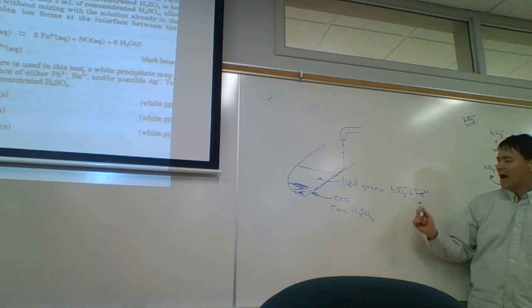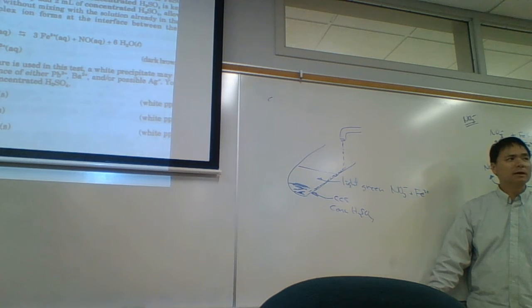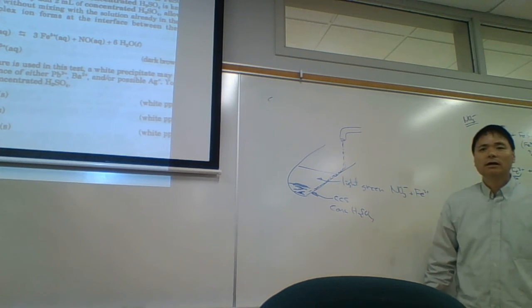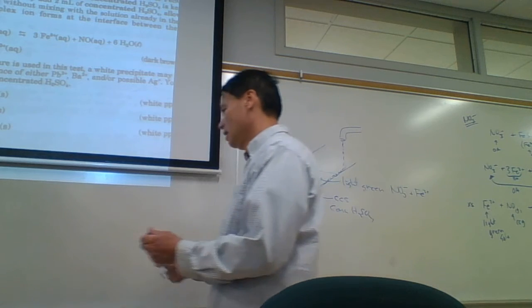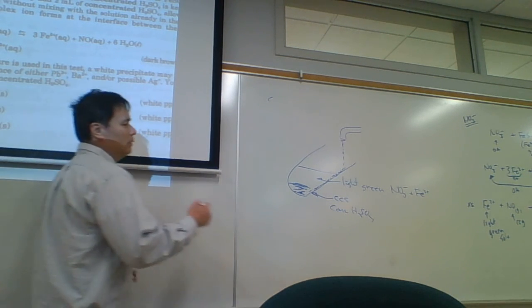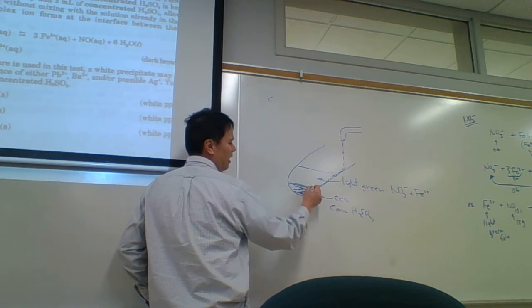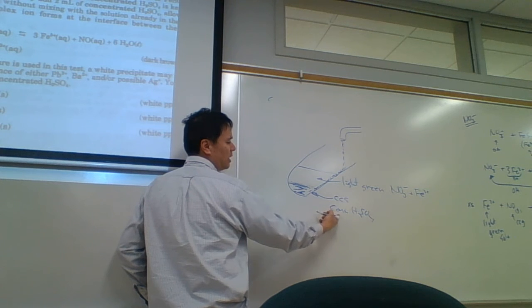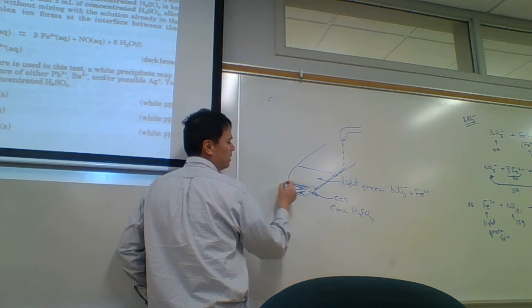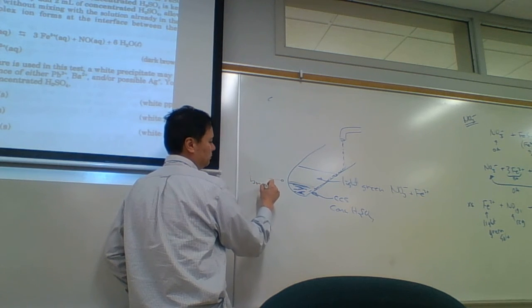And we need the acid to mix with the nitrate and the iron 2, but we're not going to mix this. Do not mix this. You know why? Because we don't want too much reaction. In fact, we just want the reaction to occur here, at the border or the interface, where we have the nitrate and the Fe2+ coming into contact with the H+, and then we get reaction. And so this is called the brown ring.